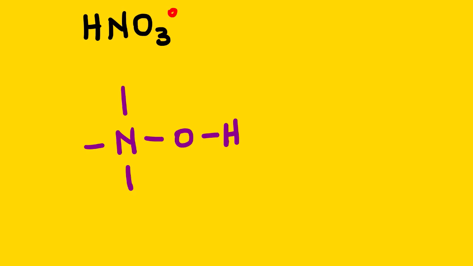Then from here, since we formed a single bond with oxygen, we only need this. So we put the remaining oxygens here. Now in this case, let us look at the formal charge. How can we go about getting the overall formal charge of 0?